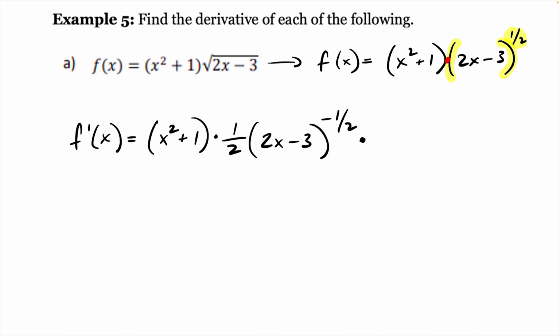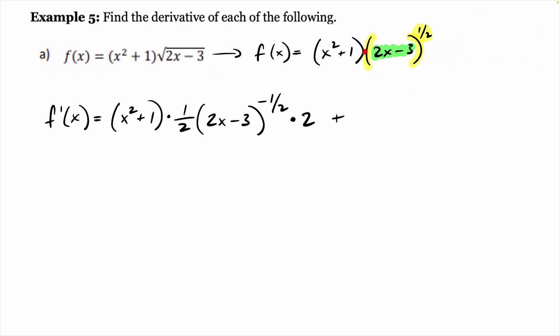Now, to complete the chain rule, you find the derivative of the inside. 2x minus 3, which is just 2. Okay. Now the opposite. The second times the derivative of the first. The derivative of the first is just 2x, because that guy only has a power of 1.